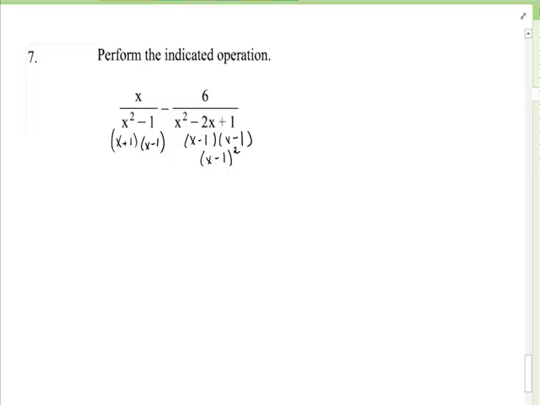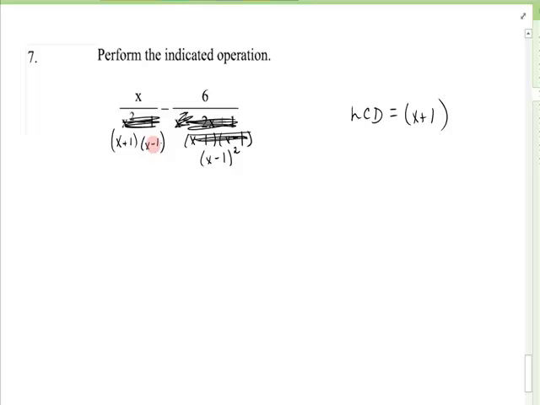The reason being, remember what I said about the LCD. Take one of every different kind of factor that's up there, take the highest power. So I don't need to see this anymore. I don't need to see that anymore. I don't even need to see that anymore. All right, my common denominator. I need an x plus 1 because I have one there. I need an x minus 1.